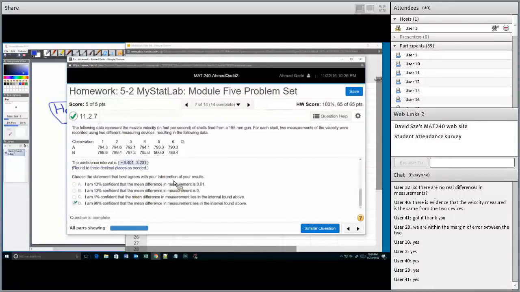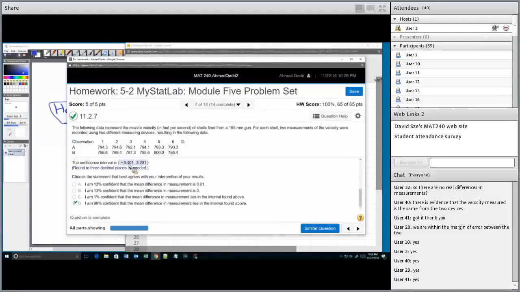And then what is the interpretation of the results? Well, you are 99% confident that the mean difference in measurement lies within the interval found above. Obviously, remember I said these can be interpreted as the believable values.